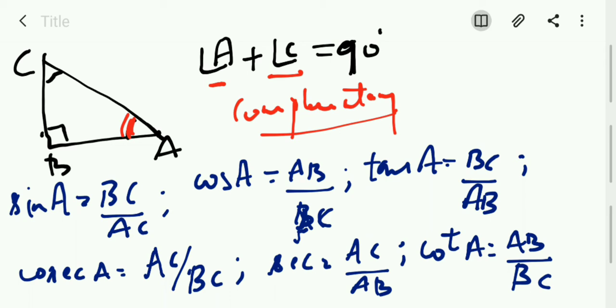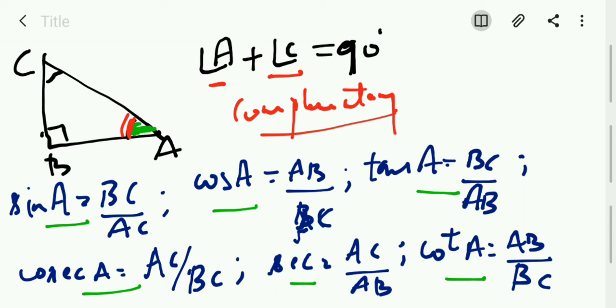Now we have got the values of the trigonometric ratios of angle A, correct? Now please do remember these values. I'll tell you why.